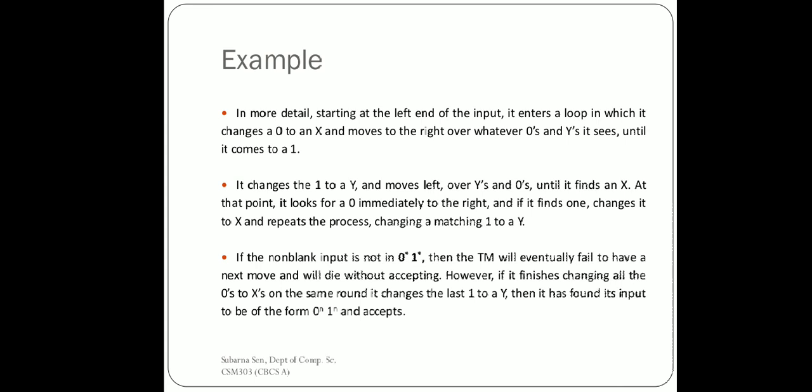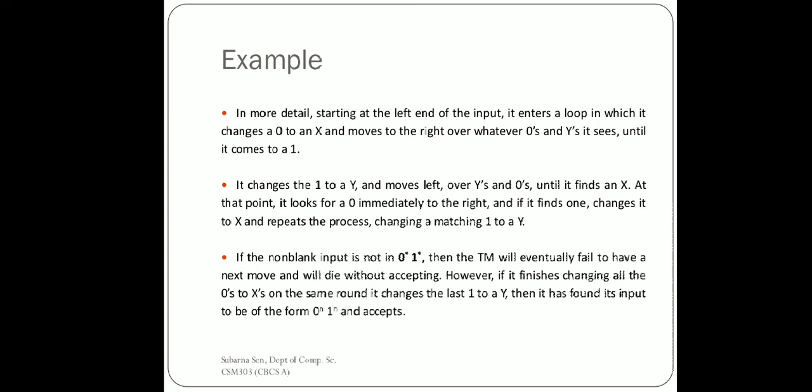So in this situation, with 0 it will move to the next state and keep on visiting zeros and y's, and if it finds any 1 in the next state, it is going to change those 1s to y's, and again if it finds any 0 there, it will change it to x and keep on repeating it, right?